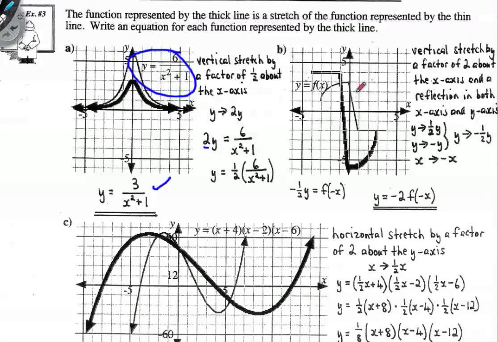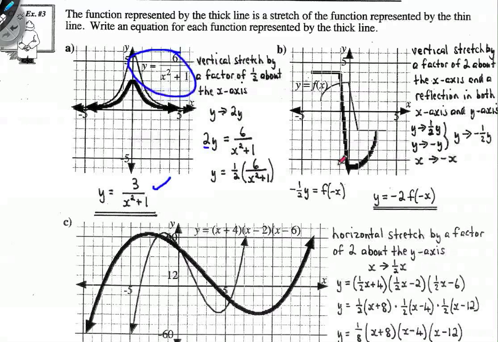Part B, what's happened? You've got this curve. So here's the curve down here. It started at positive 3, it's gone to negative 6. It looks like a couple of things are going on here. Could it be a reflection in the x-axis or the y-axis?